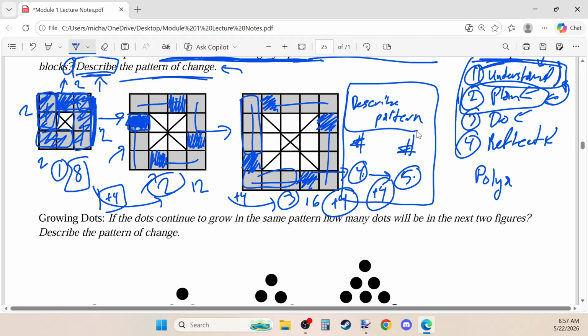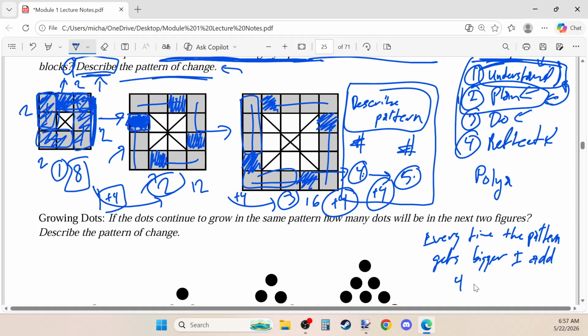So the description of my pattern is, and I've made a huge mess of all this paper here, but the pattern's description is: every time the pattern gets bigger, I add 4 blocks.